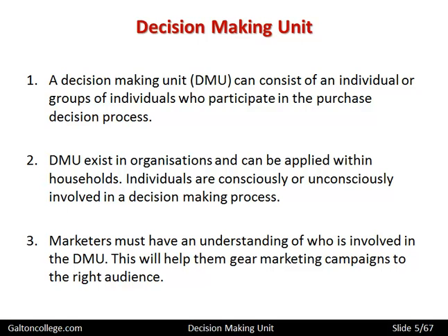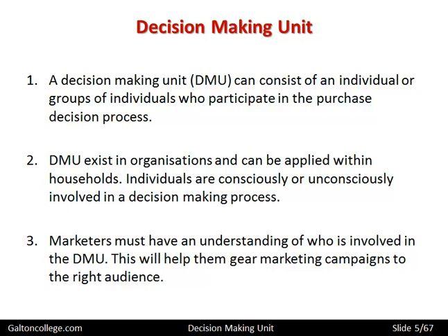People living in different circumstances, living in different areas with different incomes. So there's a whole variety of possibilities that can be incorporated into what is the decision-making unit. But marketers must be aware of this. Marketers are ultimately targeting the decision-making unit.